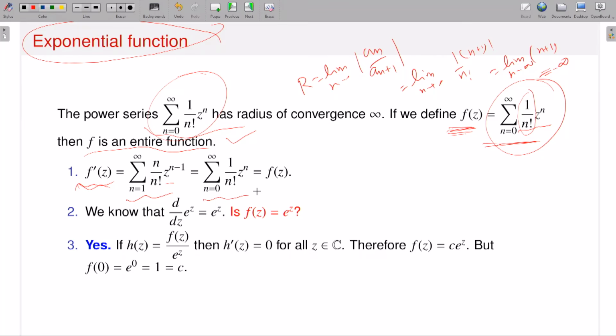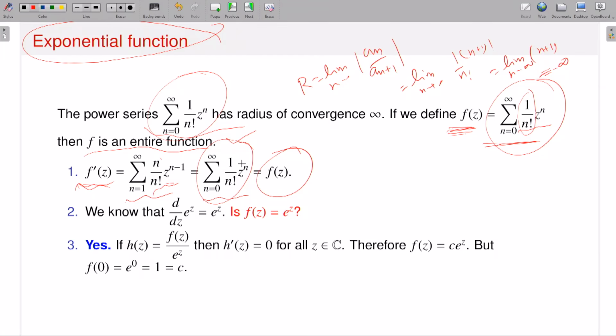Because the constant term vanishes, its derivative being 0, it should be the sum from n equals 1 to infinity of n by n factorial z to the power n minus 1, which I can rewrite as the sum of 1 by n factorial z to the power n, n starting from 0 to infinity, and which is exactly equal to f.